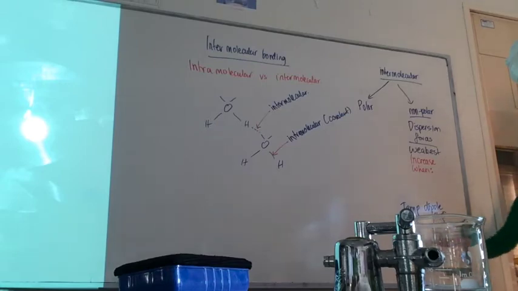Now, if we have loads more electrons, what happens to the charge, the delta negative charge? It's stronger. Yeah, so we get this larger delta negative. So, which bond's stronger? This or this bond?